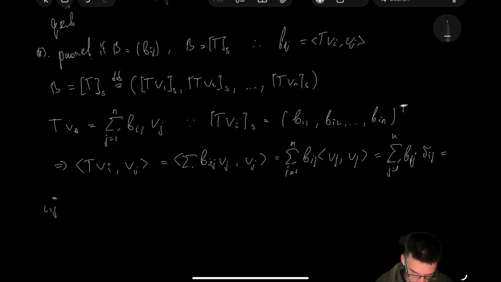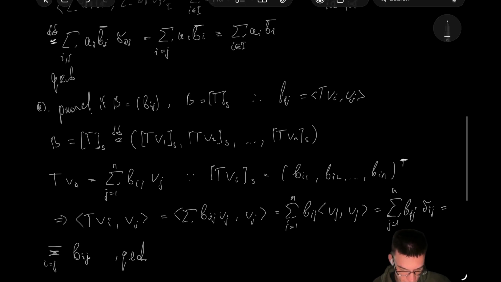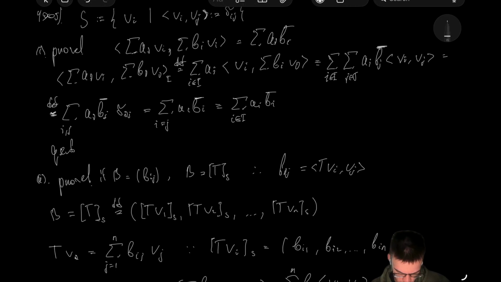When i equals j, that becomes identical to Bij. So that should be the whole proof behind this problem, I guess. This is a pretty simple one.